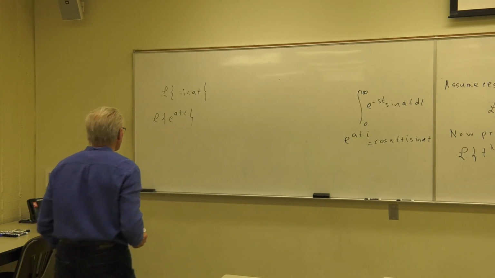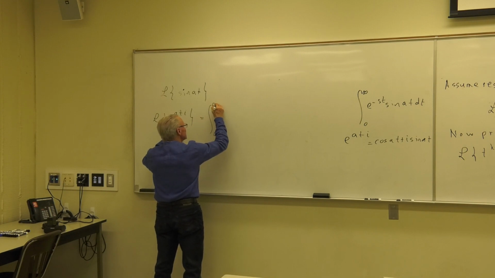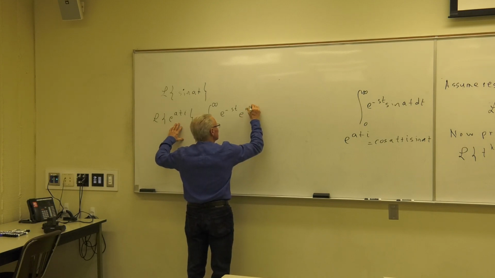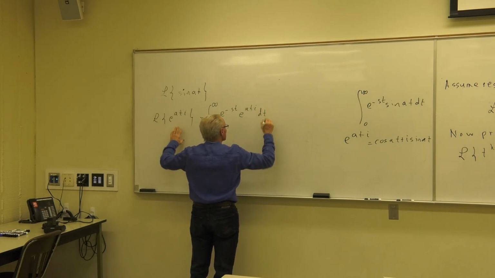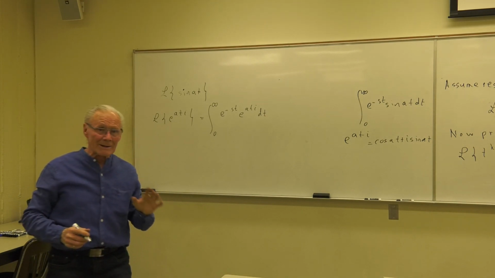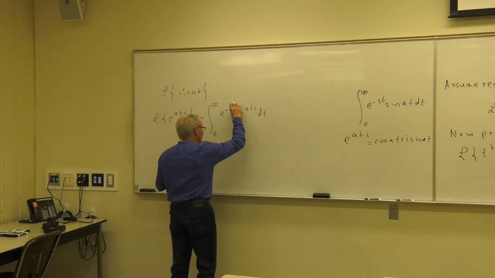All right. So let's try it. By definition, this is the integral from 0 to infinity of e to the minus st times e to the ati dt. That's what we want to be measured. Now notice we are working with complex numbers. All right? I said before that s would be real for us.